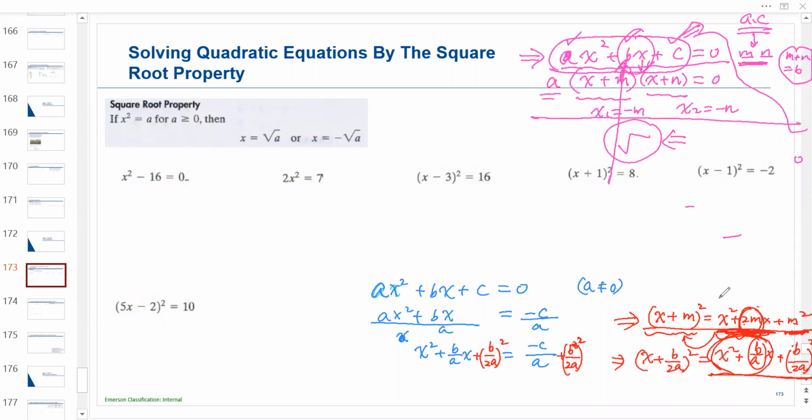Actually, I was only supposed to give you these terms. How do you find this term? We take this coefficient, divide by 2, and make it square. Same here: if only given these two terms, you make the coefficient half of that and square it. That's why we can change this into x plus b over 2a squared. Did you see this one?